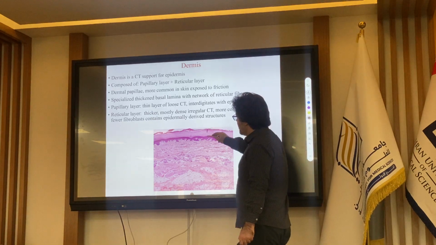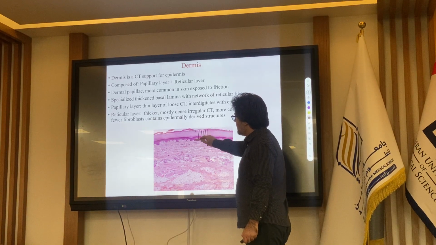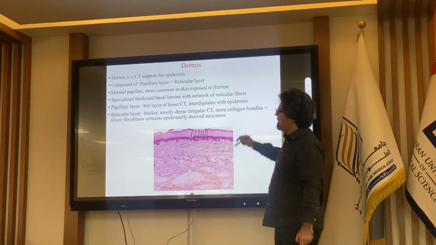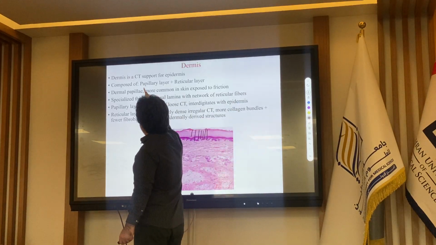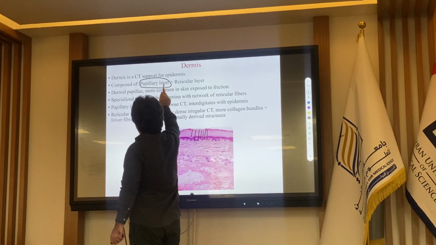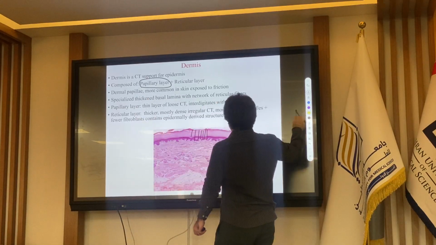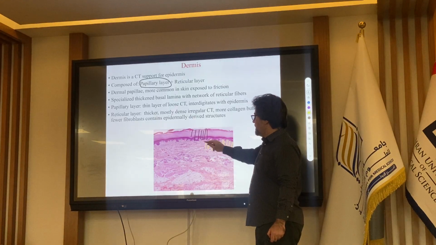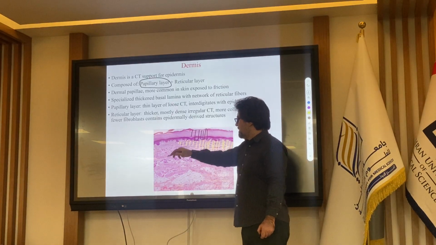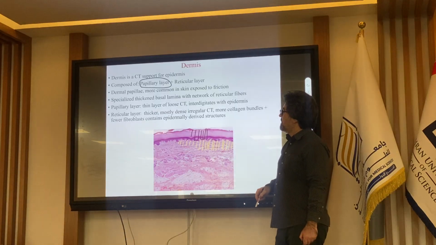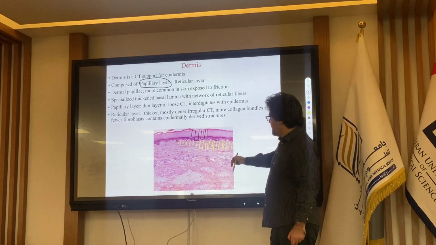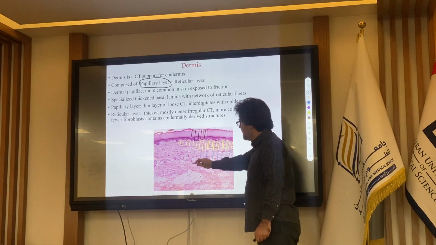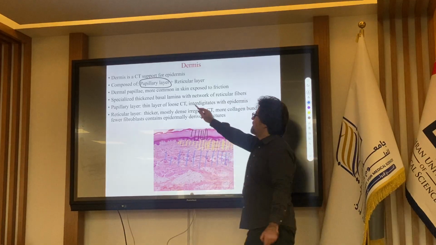So this layer is epidermis. I told you everything about epidermis. And below epidermis there is dermis. Dermis is composed of two layers. The superficial layer, just below epidermis, is known as the papillary layer. And the next, deeper layer is the reticular layer.